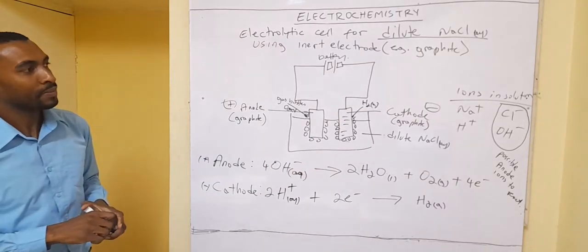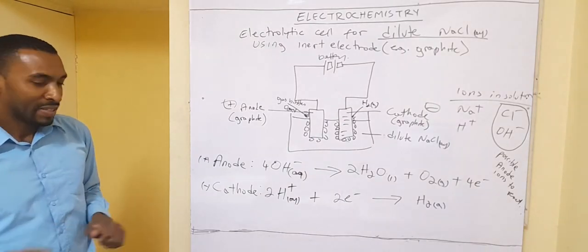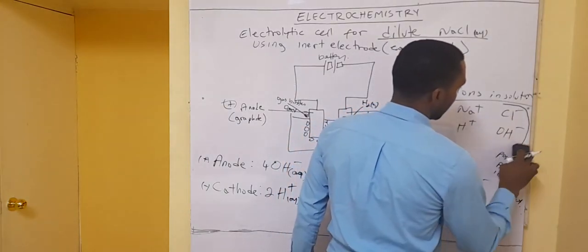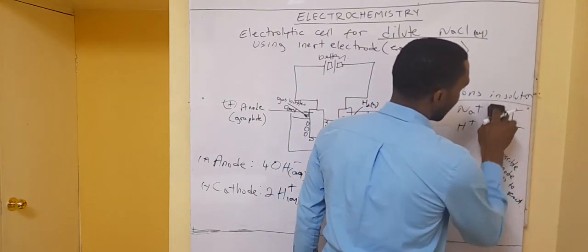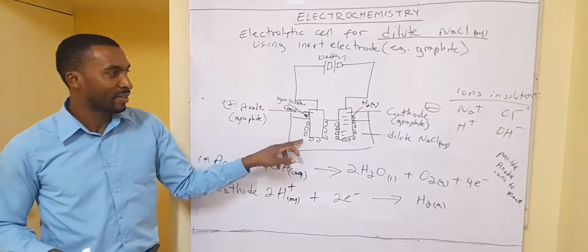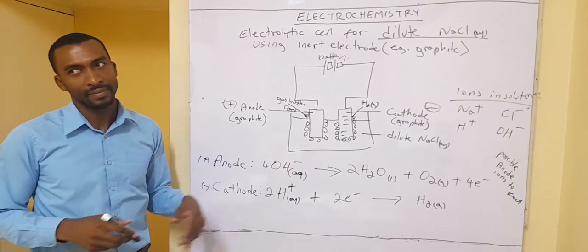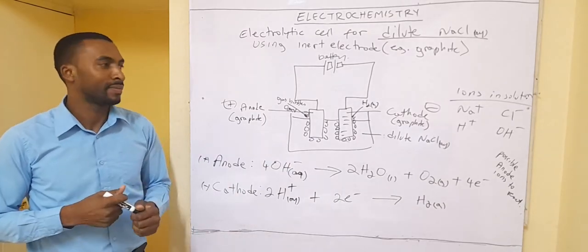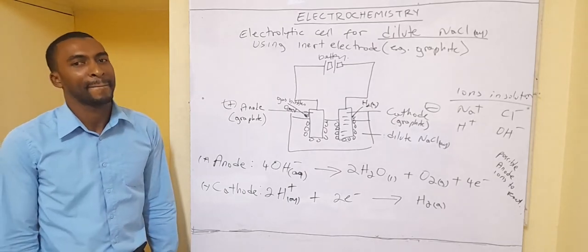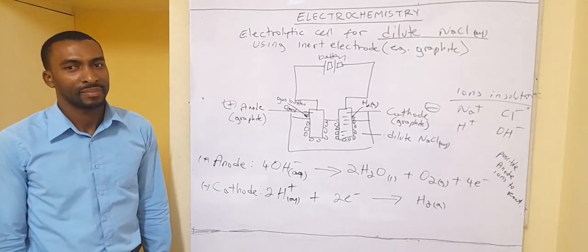Okay? Now, what would happen to the concentration of the sodium chloride? And that's another question that they could ask. What would happen to the concentration of this sodium chloride solution? It becomes more concentrated. Good. Why?